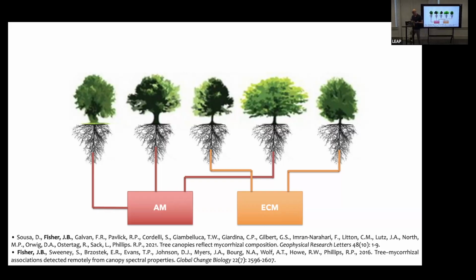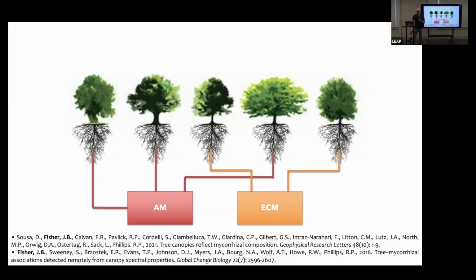And it turns out that totally different tree species that are associated with one mycorrhizal fungi type behave more similarly to each other than the tree species that are associated with the other mycorrhizal fungal type. So it's kind of like your fingers on your hand, each with a unique fingerprint, but those on your left hand behave more similarly in concert with each other than those on your right hand.